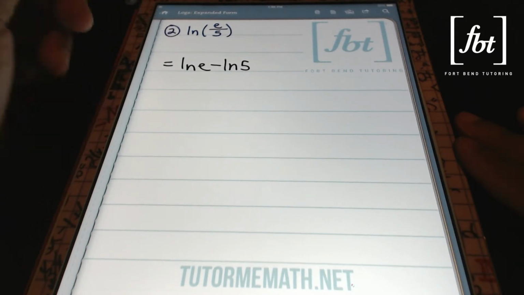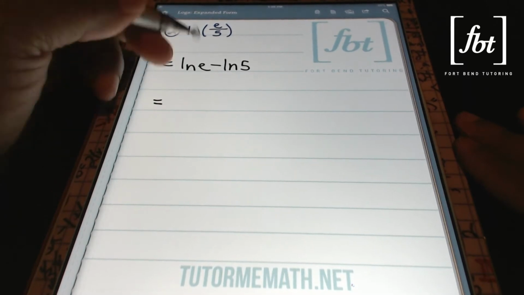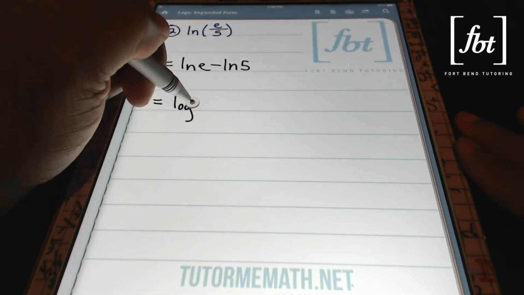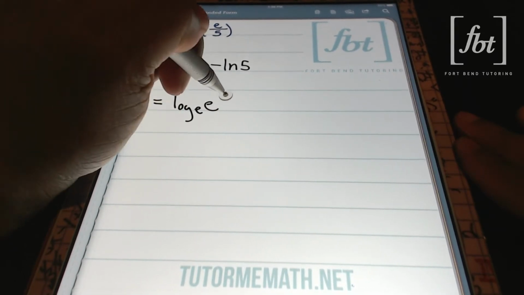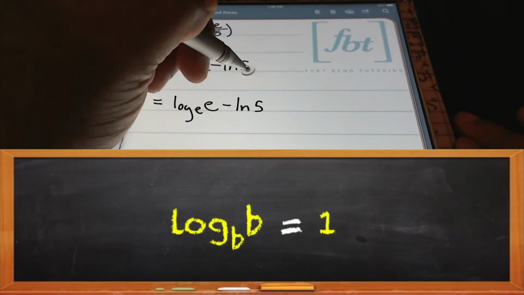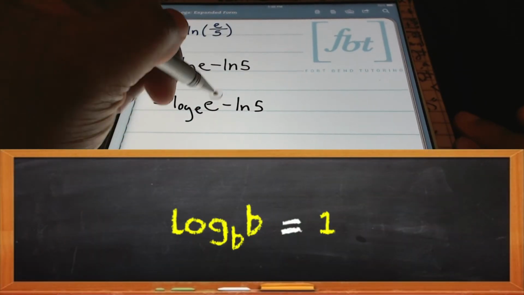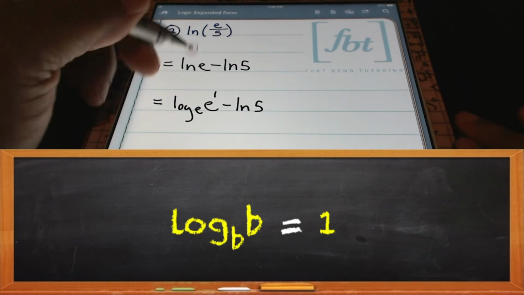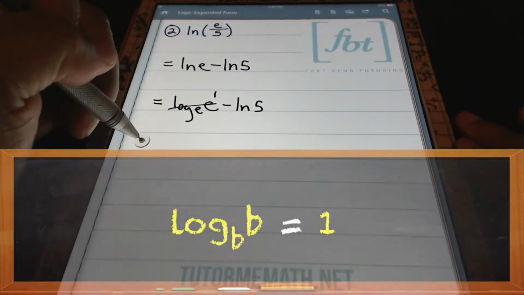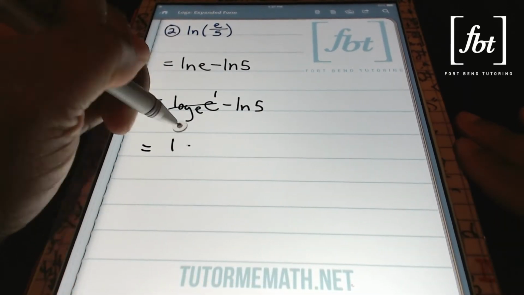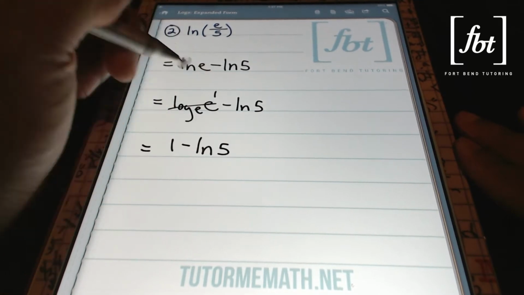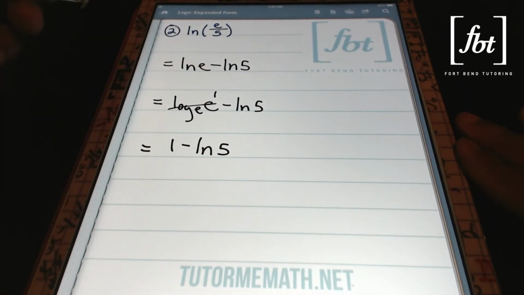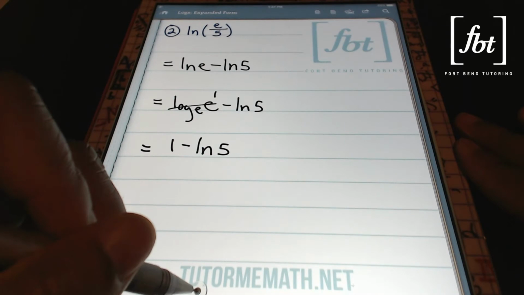So when you're looking at the natural log of e, if I were to show all my steps, I could express this as log with the base of e minus the natural log of 5. Showing that my exponent on e is 1 allows me to cancel this out to give me a result of 1 minus the natural log of 5. And this is the answer to problem number 2.